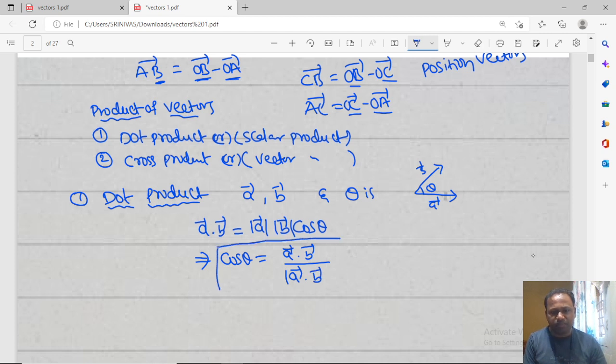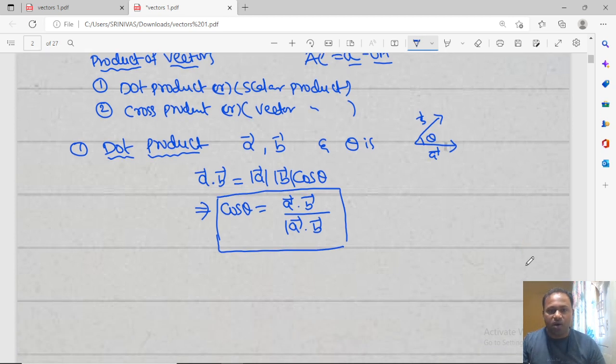This is a very important formula, and it gives the angle between two vectors.